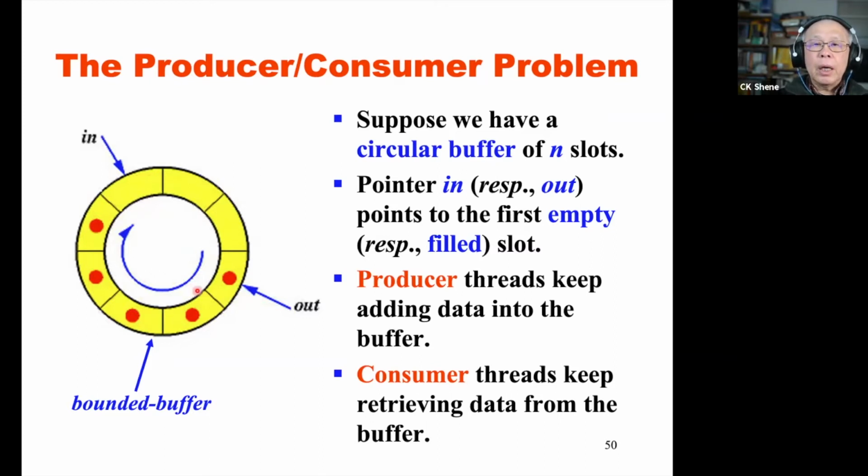In reality, it may be a data structure. We have two pointers, in and out. The in pointer indicates the first empty slot for you to add information into.